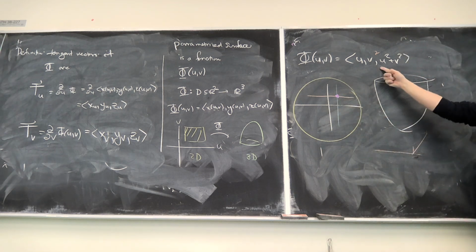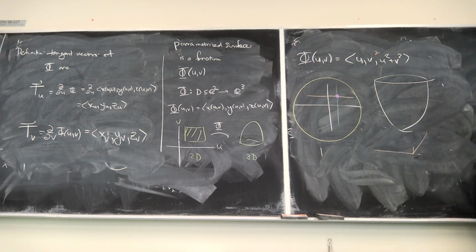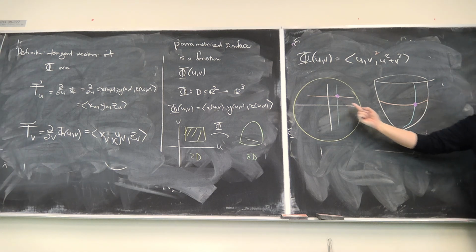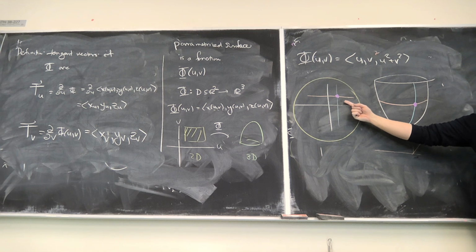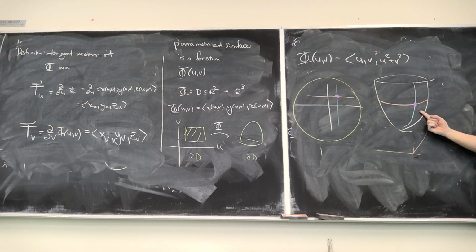If I took this map and pulled it over onto this surface, if u is equal to a constant, then v is growing, so I get a curve that looks like this, and a curve that looks like this, and where they cross each other is at that purple point right here. The idea is that the map takes lines and turns them into curves. The lines in the original uv plane get turned into curves on the surface over here.